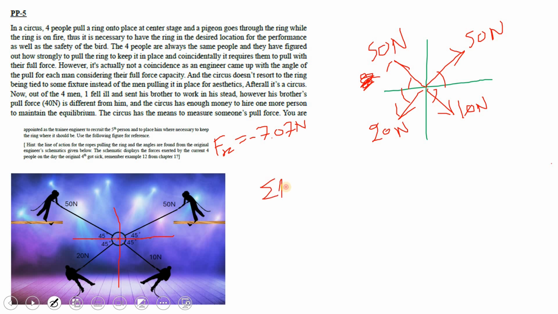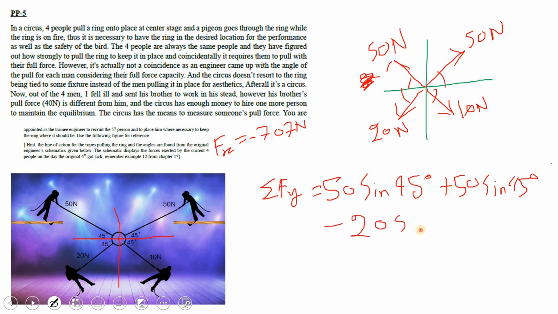Okay, so we're doing summation Fy, and it's actually a pretty straightforward problem. If you have gone through all the example problems, this is a piece of cake for you. So we have plus 50 sin 45 degrees. Then we have negative 20 sin 45 degrees and negative 10 sin 45 degrees.